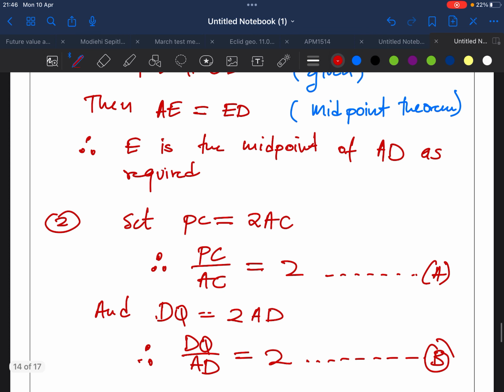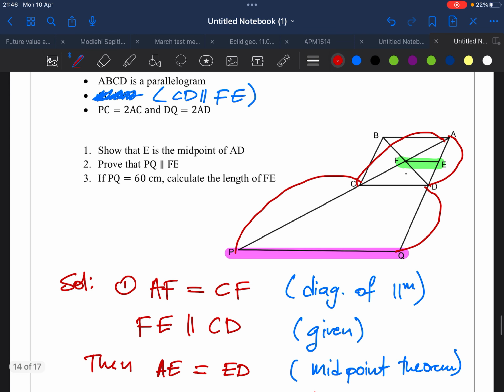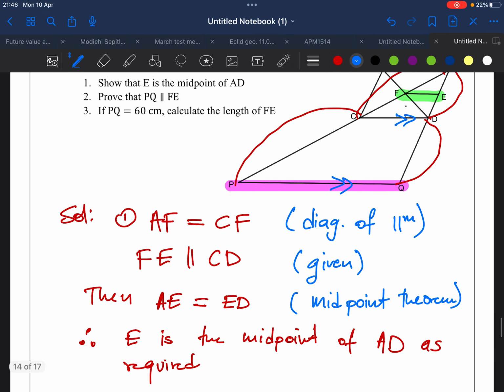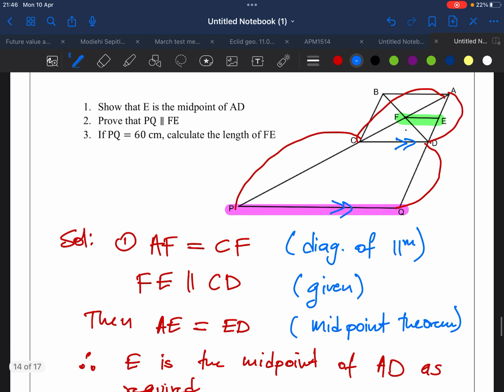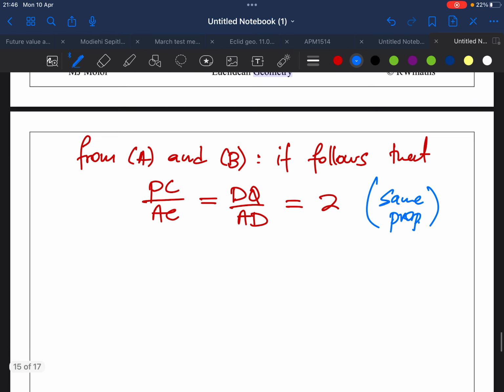If they're in the same proportion, the theorem states that this will be parallel to that. This is just the reverse of the proportionality theorem.